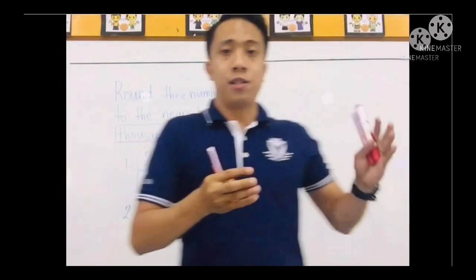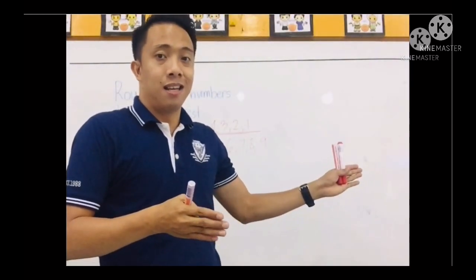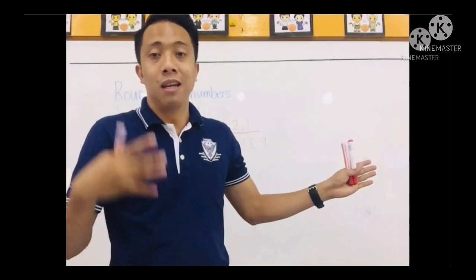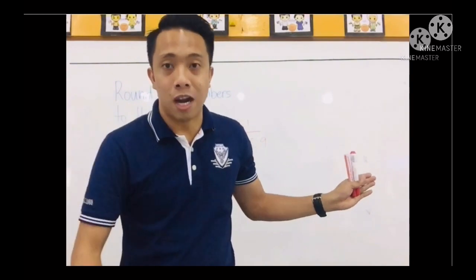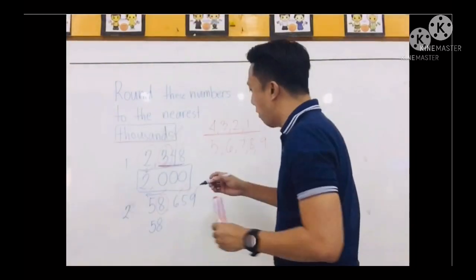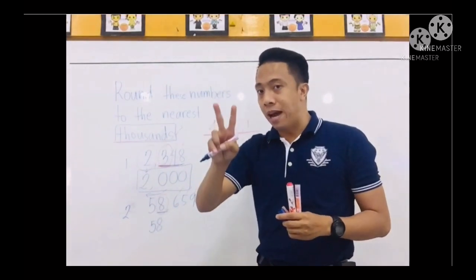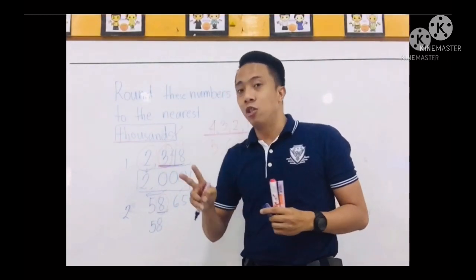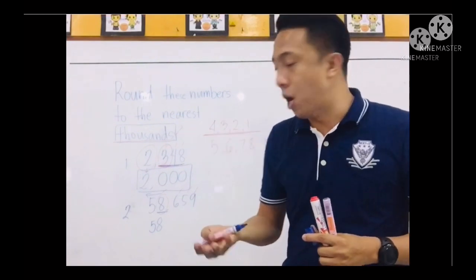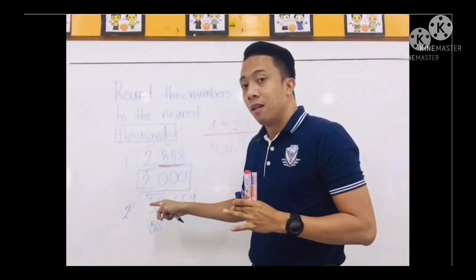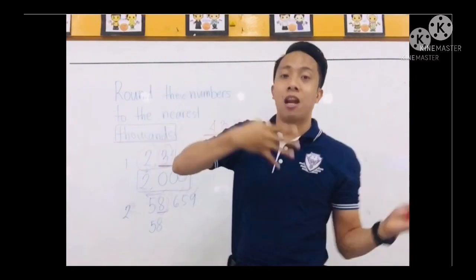All the numbers on the right side, you need to change into 0 after you do the rounding of number strategy. Now, since we have here given 8, our next reminder, number 2, is we need to identify the number that is beside 8, or the right side of 8.